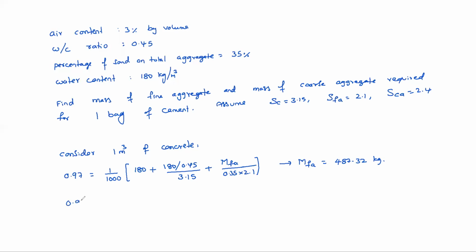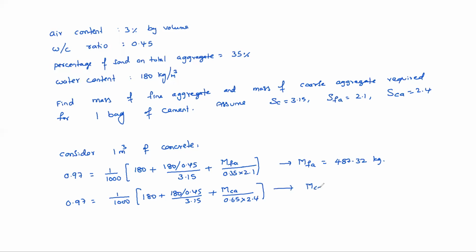Similarly, coarse aggregate also can be worked out. 0.97 equals 1 by 1000 into 180 plus the mass of cement, 180 by 0.45 by specific gravity of cement 3.15, plus mass of coarse aggregate divided by the proportion 0.65 for coarse aggregate into 2.4.